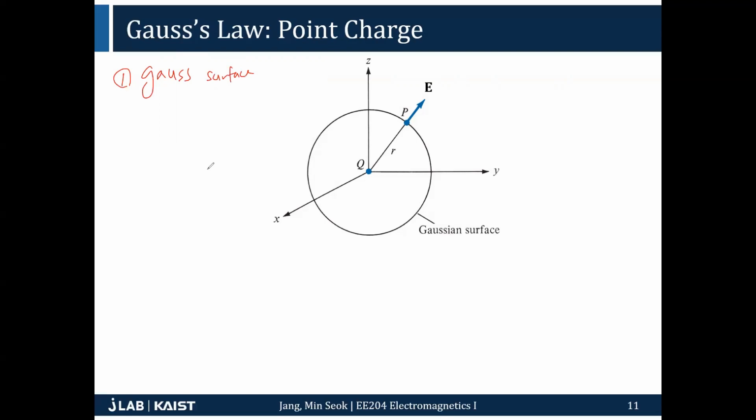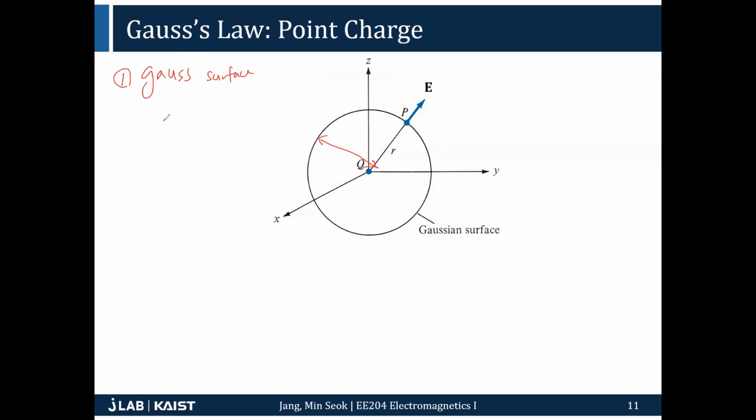And then you can choose any Gauss surface. But in order to make your problem easily solved, you'd better choose your Gauss surface in a smart way. For this problem, it's better to choose a spherical Gauss surface. Okay, so let's say you have a spherical Gauss surface like this.